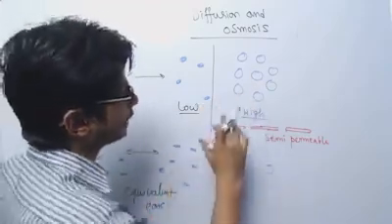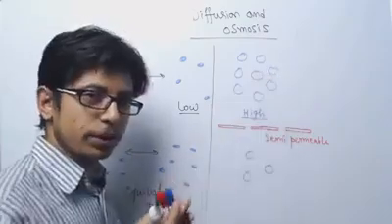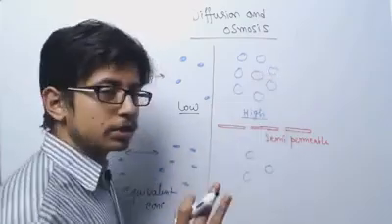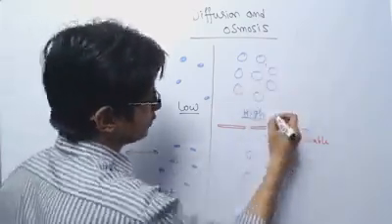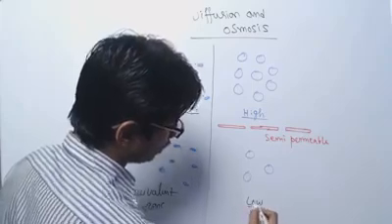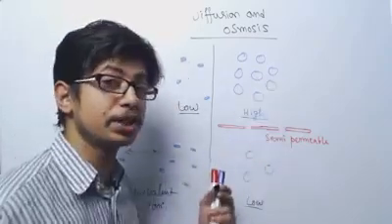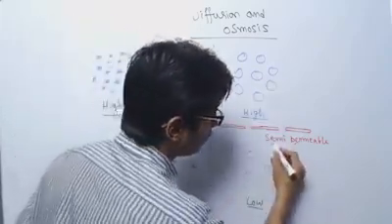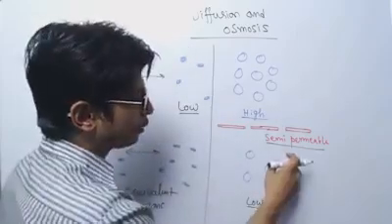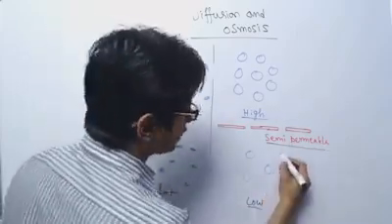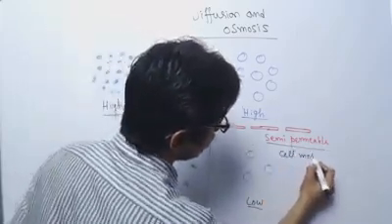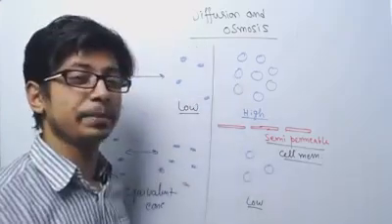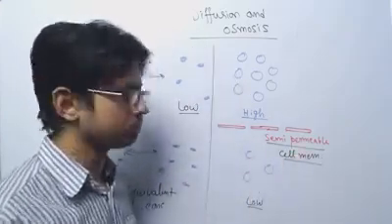These are the glucose molecules, for example. The glucose molecules are present in high concentration here and low concentration here in this chamber. Two separate chambers are separated by a semi-permeable membrane. That membrane could be parchment paper, or let's say a cell membrane, because the feature of a cell membrane is also similar to that of a semi-permeable membrane.